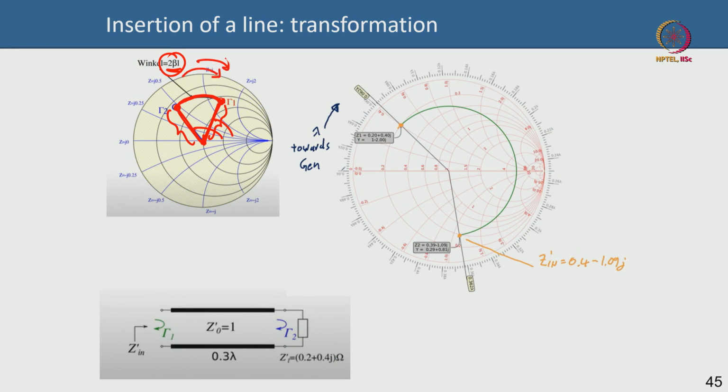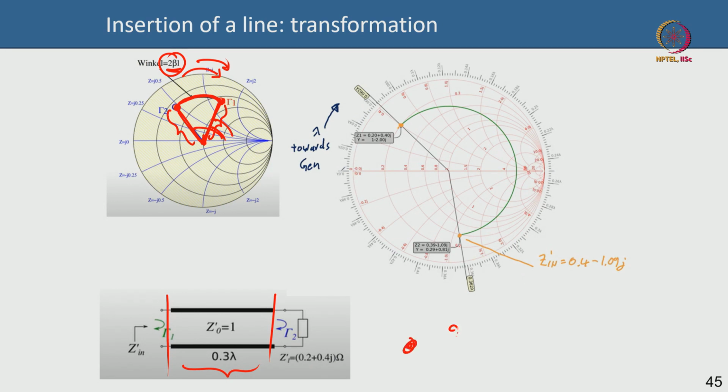By adding a certain line of length I am rotating it clockwise here, and you can see that the transmission line has the effect of changing the phase or the angle of the reflection coefficient. So, for instance, if the length of the line is 0.3 lambda, how much phase shift am I going to have?